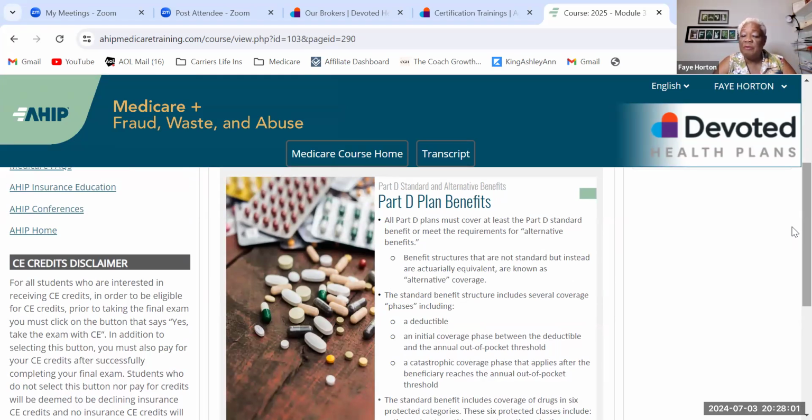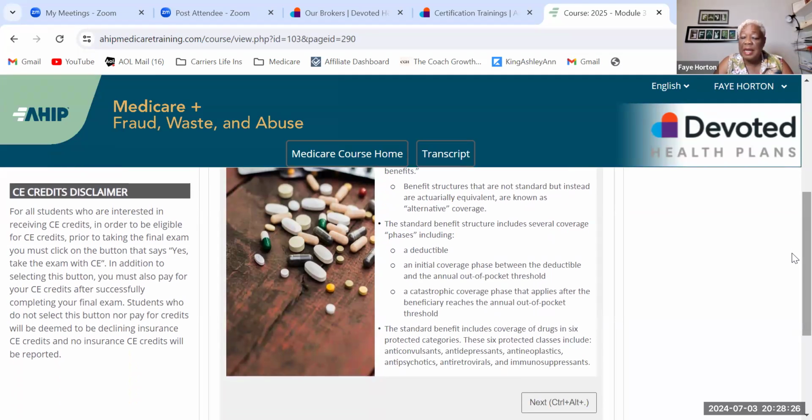The standard benefit structure includes several coverage phases, including a deductible, an initial coverage phase between the deductible and the annual out-of-pocket threshold, and a catastrophic coverage phase that applies after the beneficiary reaches the annual out-of-pocket threshold. The standard benefit includes coverage of drugs in 6 protected categories.